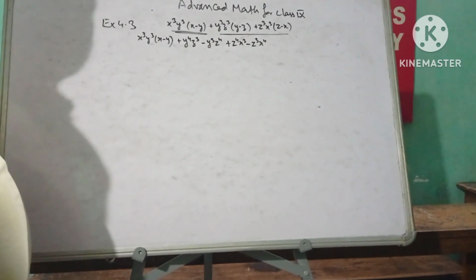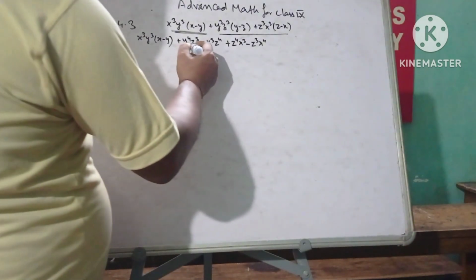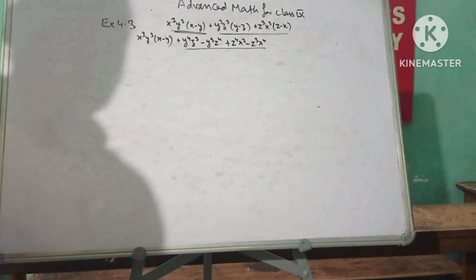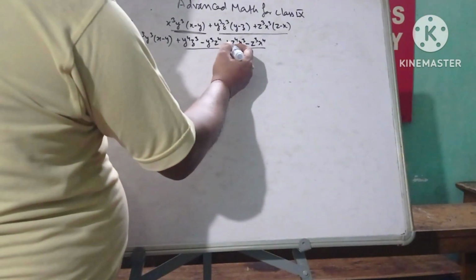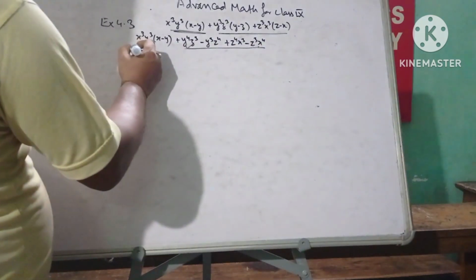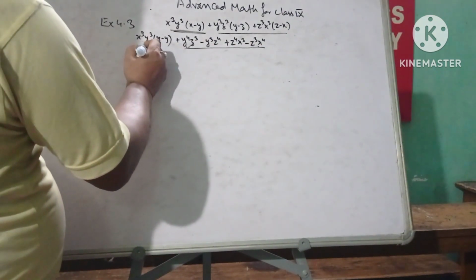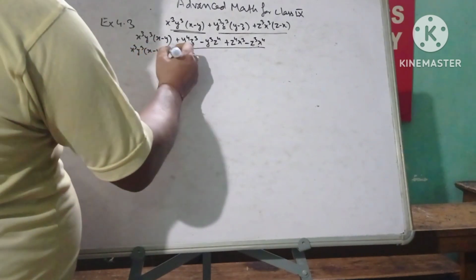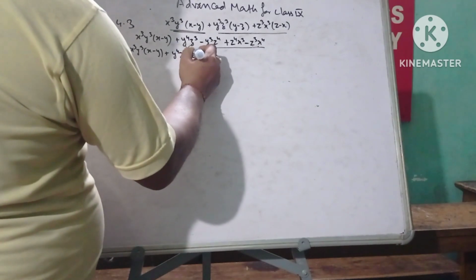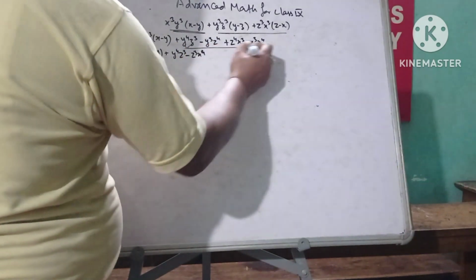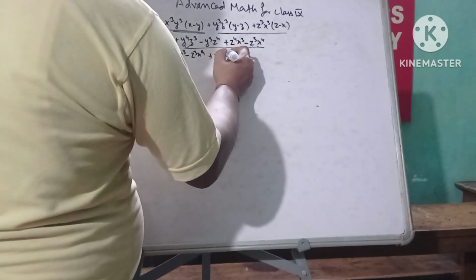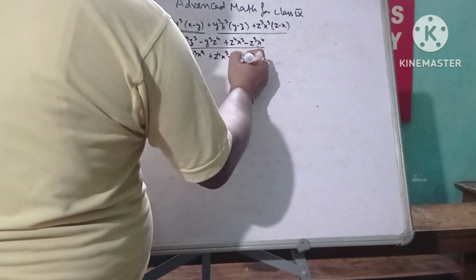So here you see, from this I am going to find out x minus y. So how to find out x minus y? So let us take these two terms. So x cube y cube (x minus y), y^4 z cube minus z cube x^4. Again here, z^4 x cube minus y cube z^4.